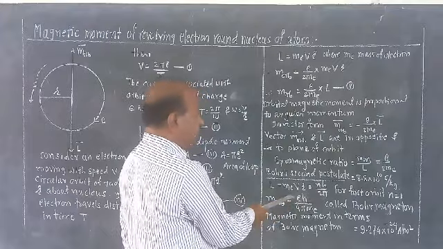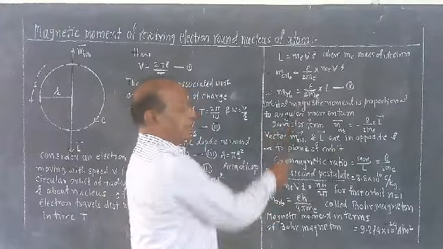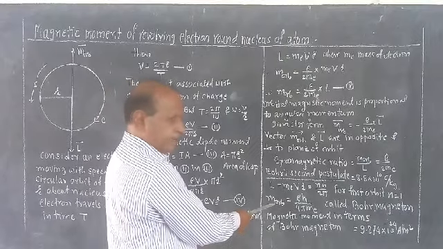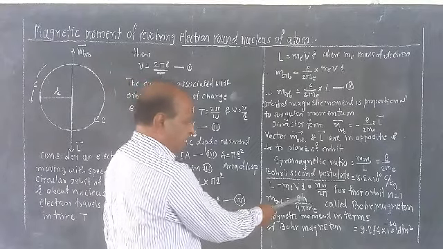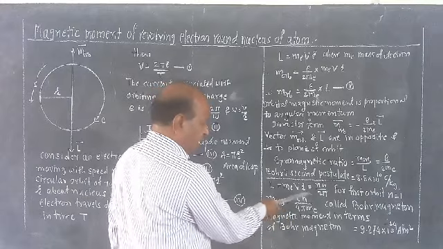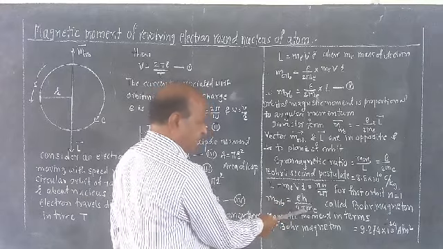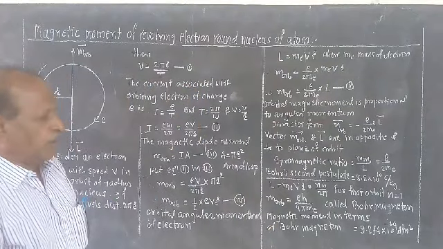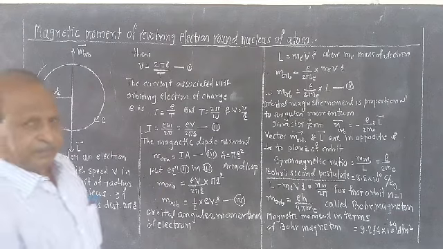When we put this in equation 5, the dipole moment becomes e h divided by 4 pi m e. This is called Bohr magneton.